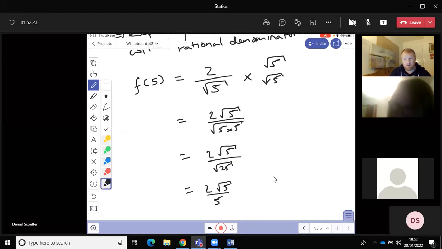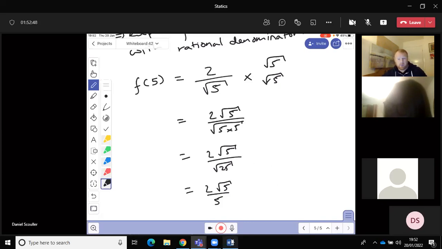Okay, and that's what it's looking for. Don't worry if you don't remember that. If you've not looked at surds for a few weeks, that won't be in your head. Okay, simply putting that there just so you've got that example when you're looking back over your notes, of what could come up. So if you don't see that in the past paper, that has come up in the past paper. Stupidly never wrote which past paper it came up in.